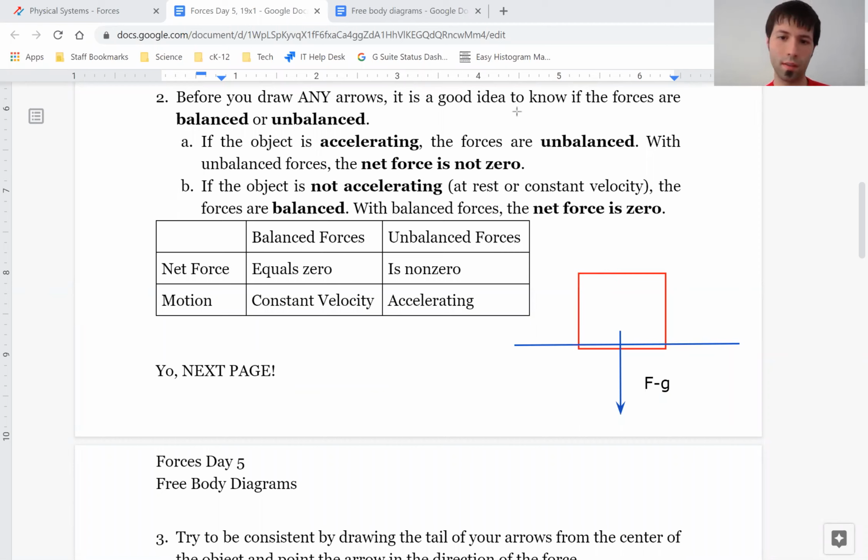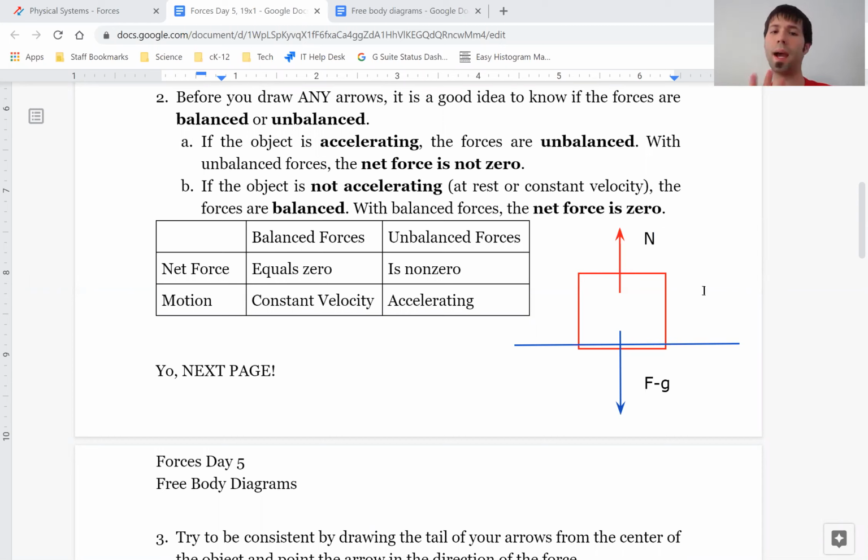And what would we call that force? Well, we would call that force the normal force. So I could say F N, or I could just say N for normal force. I usually just say N, so whatever you guys want to say. There's my normal force.